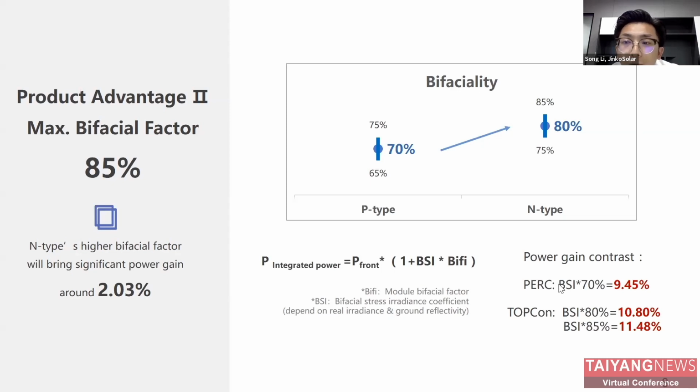So under these premises, N-type power gain is 2.03 more than the P-type in terms of the bifacial factor. In areas with high ground reflectivity, especially areas like white ground, the power gain due to the bifacial factor can be even higher, approaching 3 to 4%.